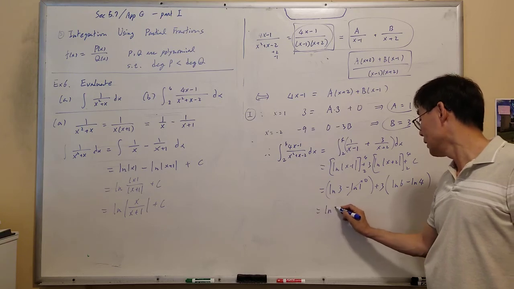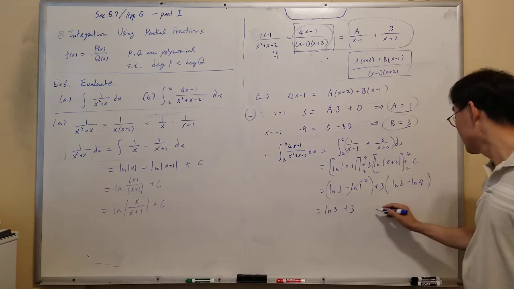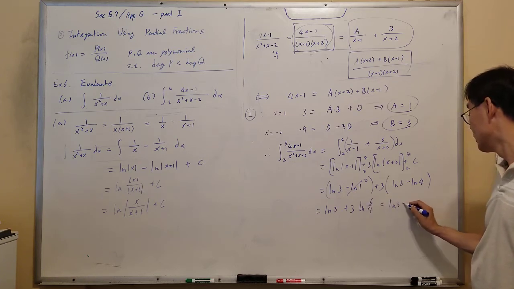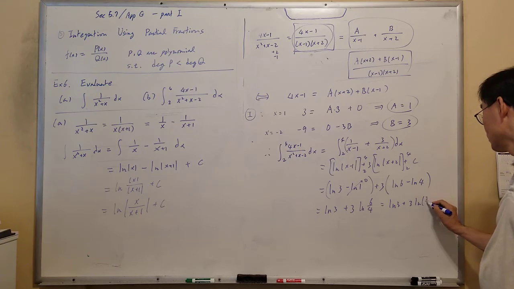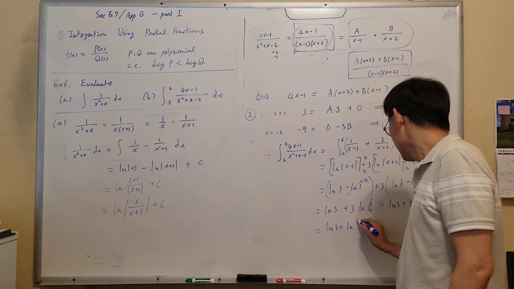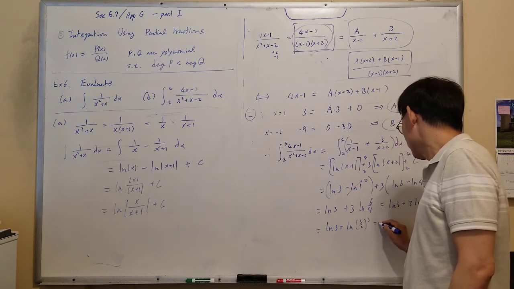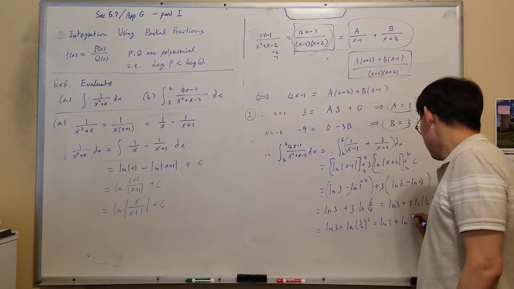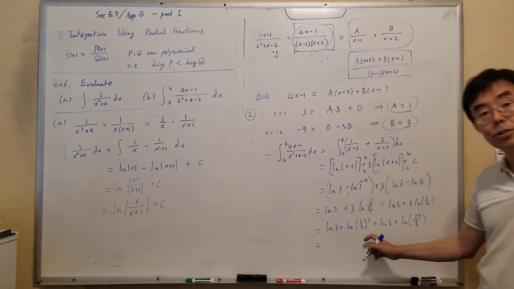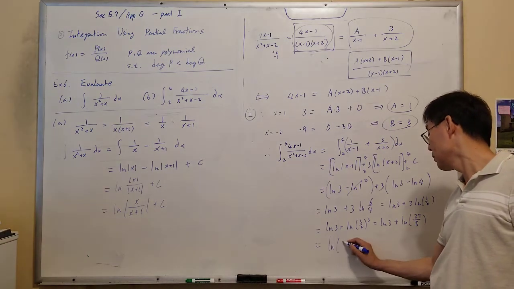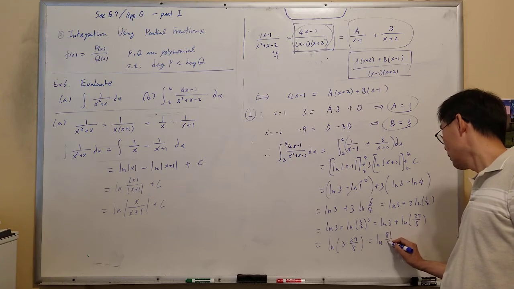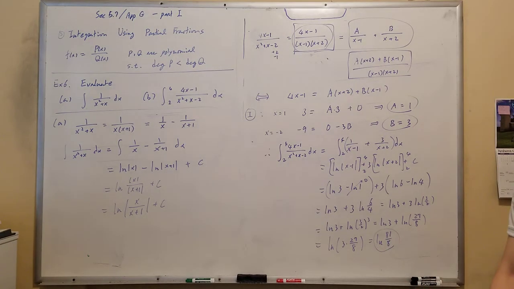So ln of 3 plus 3 times ln of 6 over 4. 3 ln of 3 over 2, right? ln of 3 times 3 over 2 cubed, 27 over 8. Logarithm addition, multiplication. So you can write it as 81 over 8 if you really want. Okay?